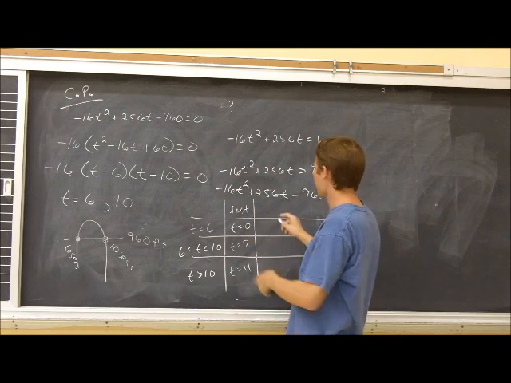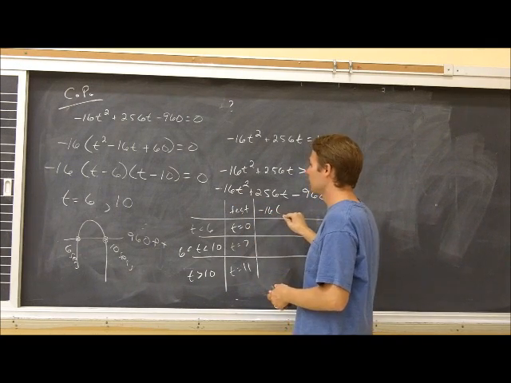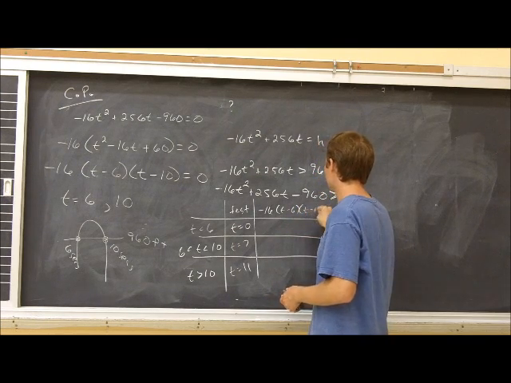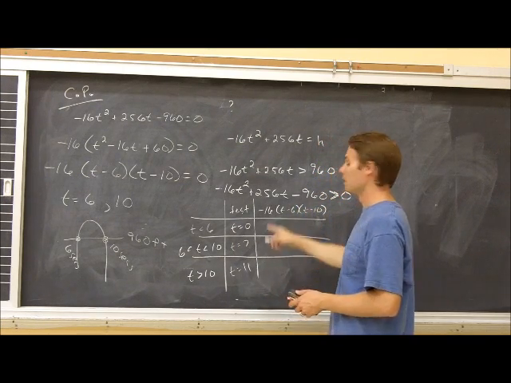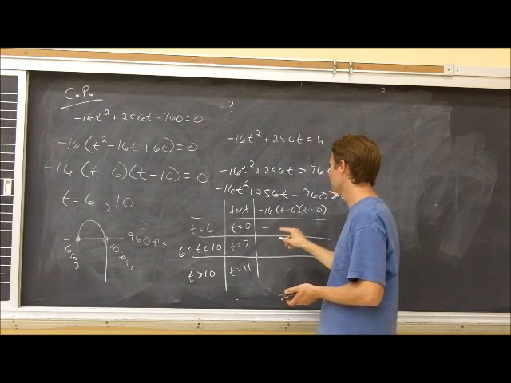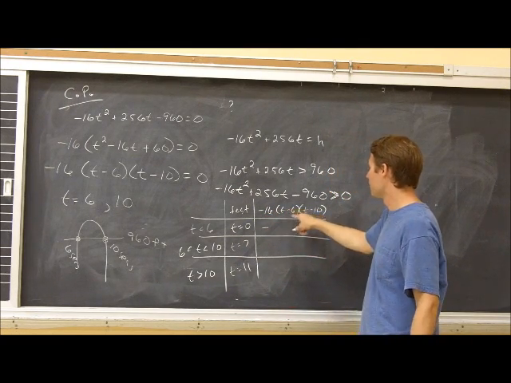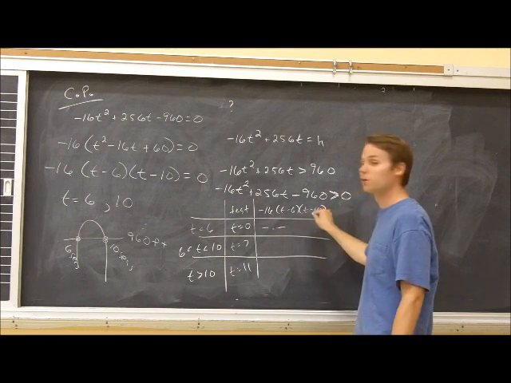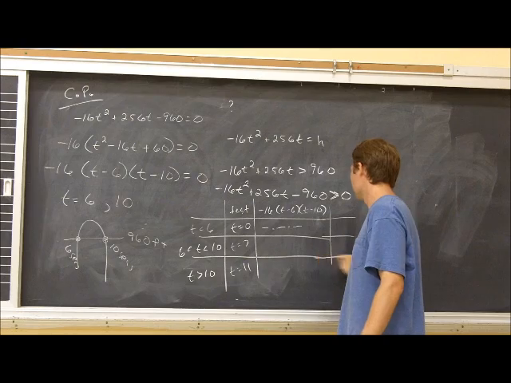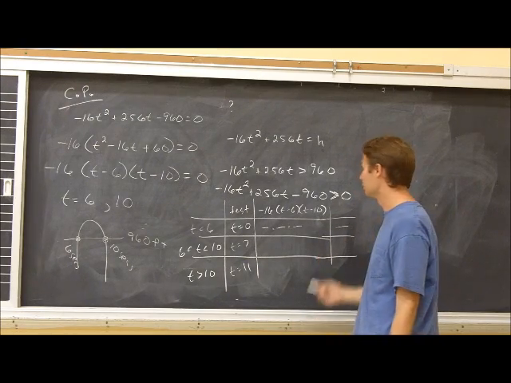I'm going to put this into the factored form, so negative 16 times t minus 6 times t minus 10. So if I plug in 0, that doesn't affect the negative 16, it will still be negative. But 0 minus 6 is negative, and 0 minus 10 is also negative. So a negative times a negative times a negative is negative, which is what we thought.